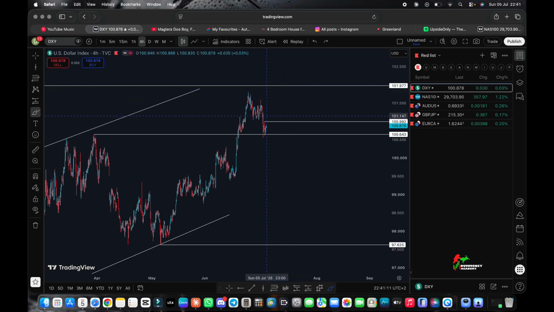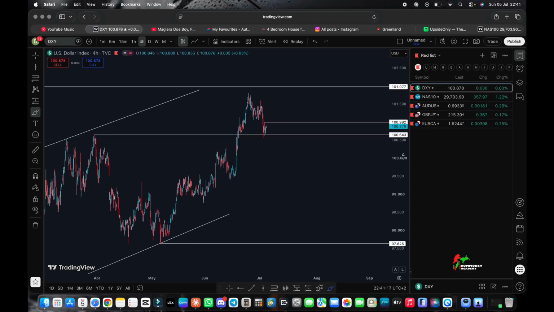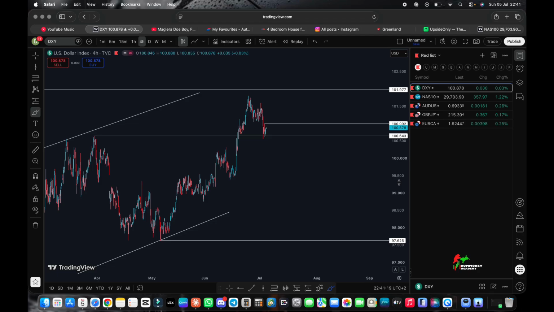If you remember what I said earlier, we look at the dollar index because it shows the strength of the dollar economy, right? So the pairs we are trading are pairs paired with the dollar, which means these are pairs which are compared to the dollar, right?